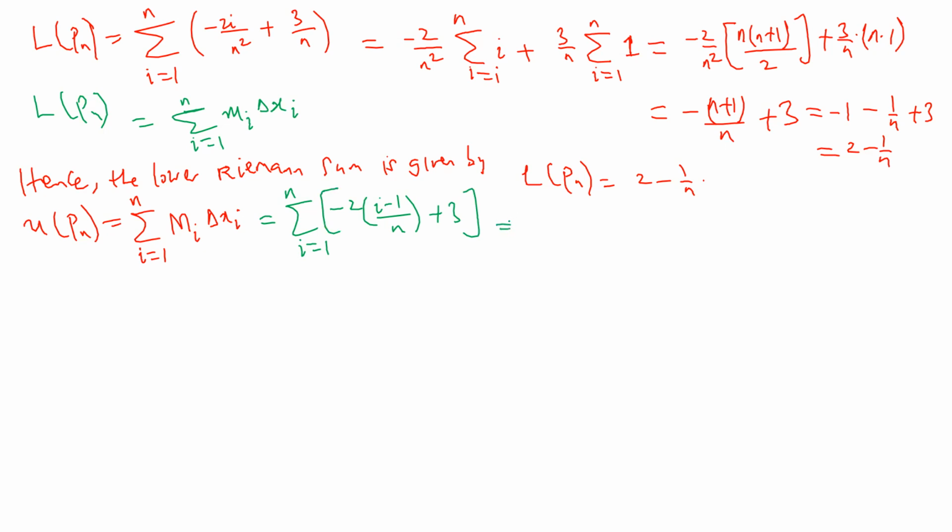Now let's just expand. We just need to evaluate this sum here. So we can just multiply out everything within the brackets. So it's minus 2i over n, which is plus 2 over n. And then we also have 3 there, which is with this.